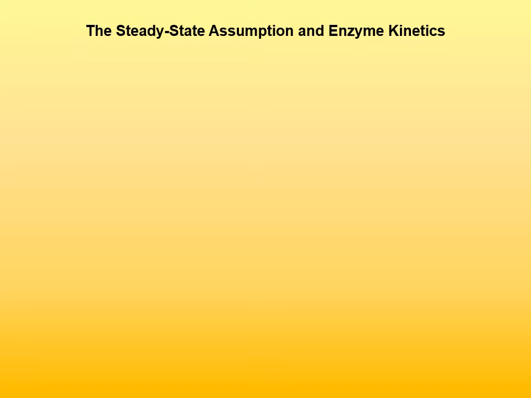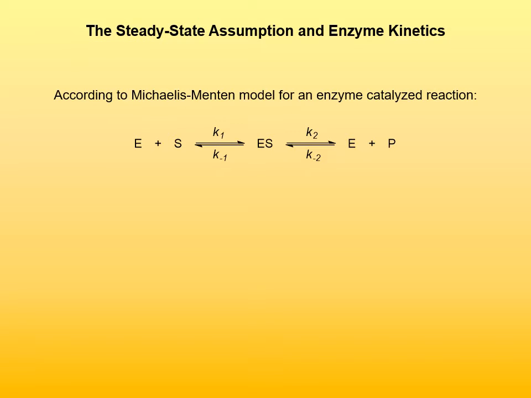To determine enzyme kinetics and derive the Michaelis-Menten equation, we apply the steady state assumption, and soon you will see what it is. According to the Michaelis-Menten model for enzyme kinetics, we have a two-step reaction in the simplest case. The enzyme reacts with substrate in the first reversible step to give the enzyme-substrate complex, and in the second reversible step, the enzyme-substrate complex is converted to an enzyme-product complex, which then dissociates to enzyme and product.